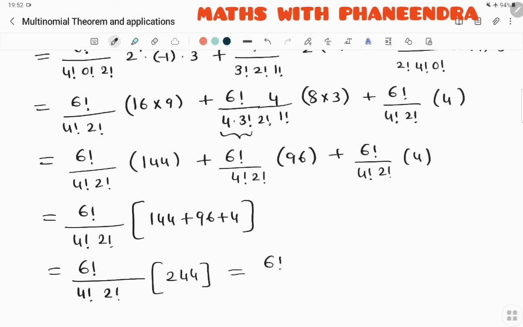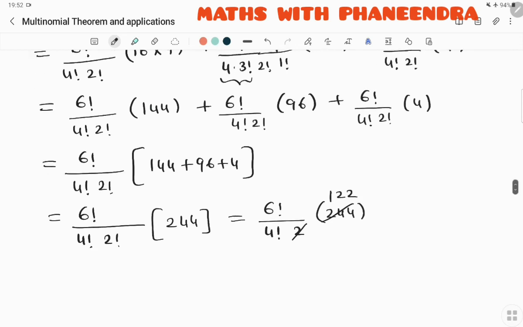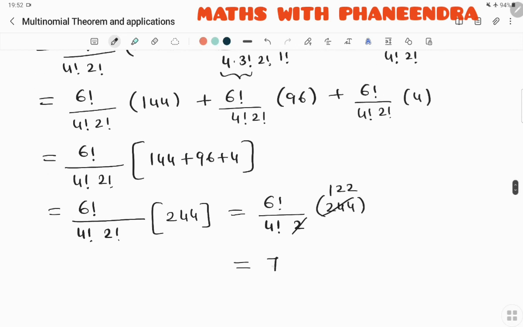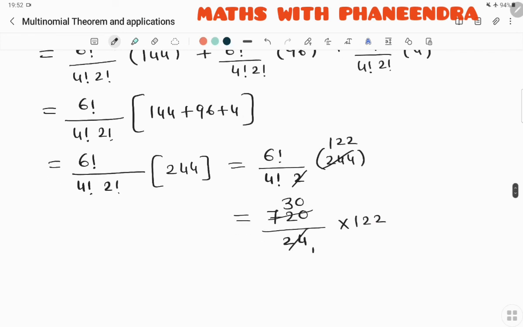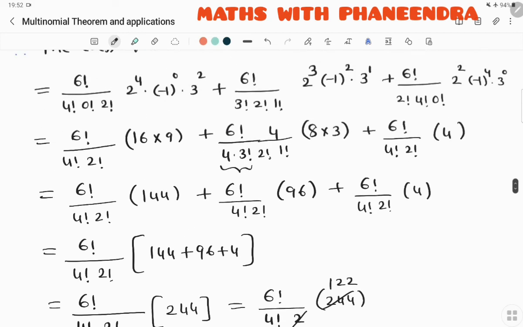So 6 factorial divided by 4 factorial into 2 factorial means 2 into 244. 2 ones are 2, 2 122s. So 6 factorial means 720 by 4 factorial means 24, into 122. 24 3s are, so 30. 30 into 122 means 3660. This is the way you can do it, dear students.